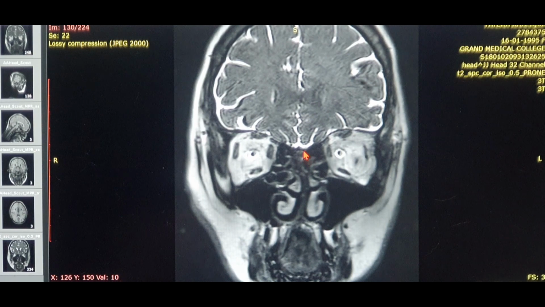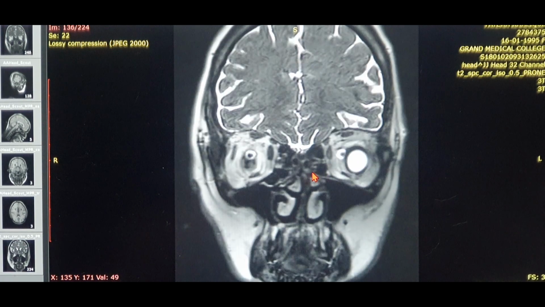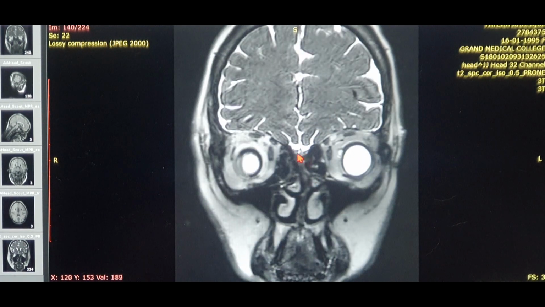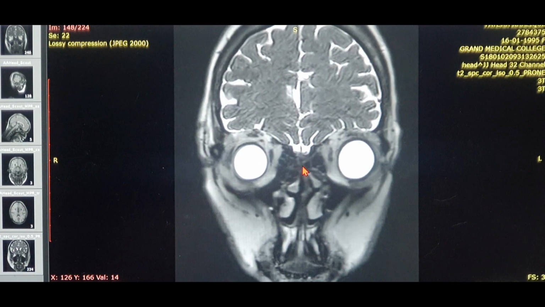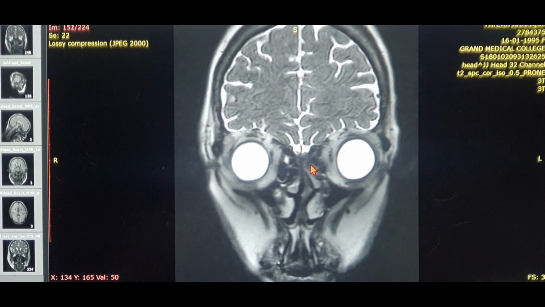Neither did I see any active CSF leak or any sort of encephalocele or meningoencephalocele in the area. This was pretty doubtful for me, but this is on both sides and it is not showing any active leak around here. Most likely this has to be the olfactory bulb in this region around the cribriform plate.